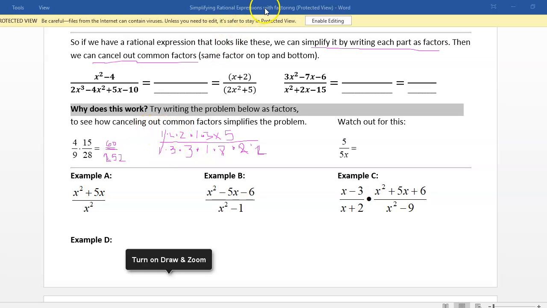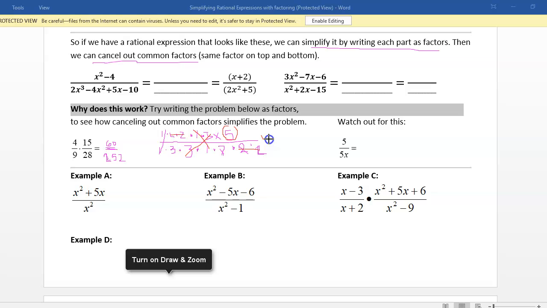Well, I start canceling out the common factors. I'm going to cancel these ones. The ones have to go. I cancel my 3 from top to bottom. Look, I got two 2's in the numerator, right? And I got two 2's in the denominator. So what I'm left with in the numerator is the 5.